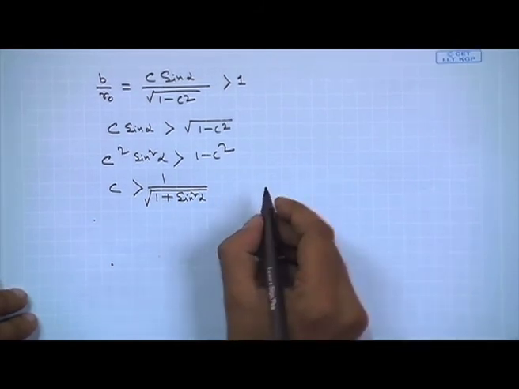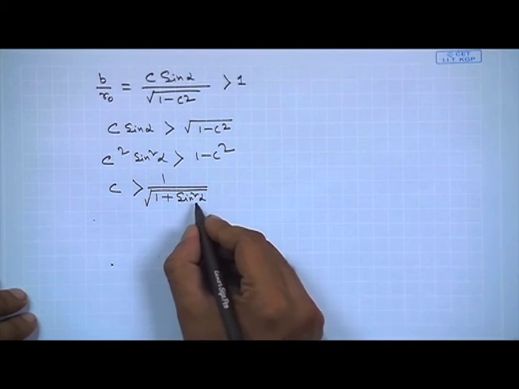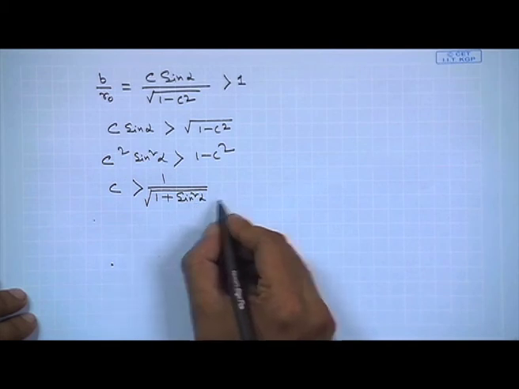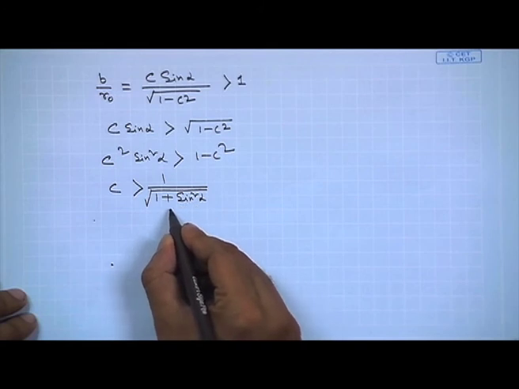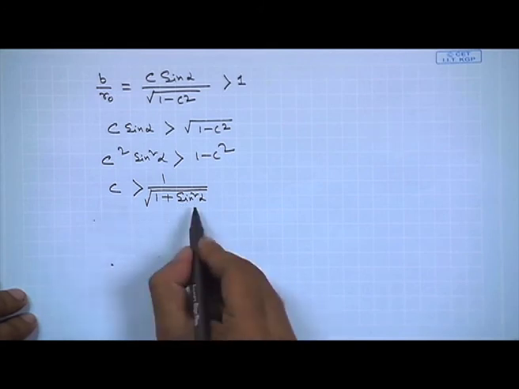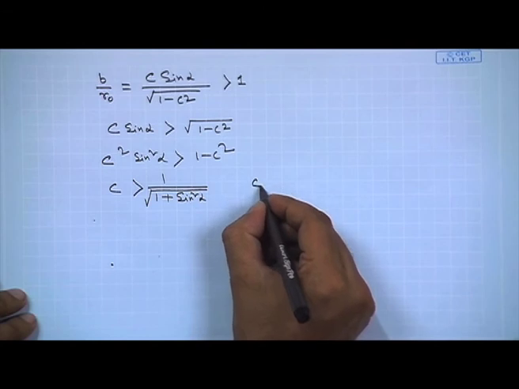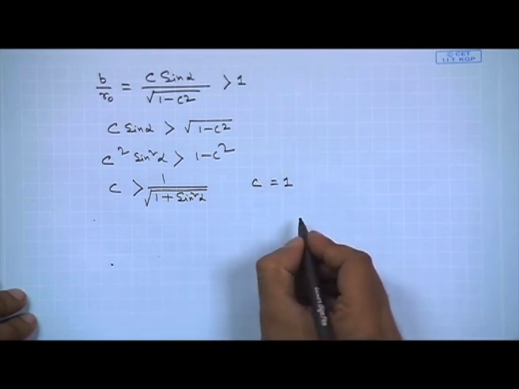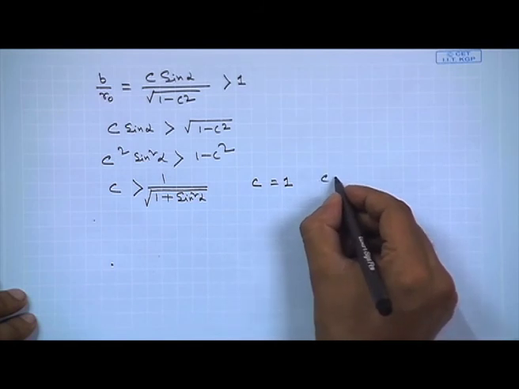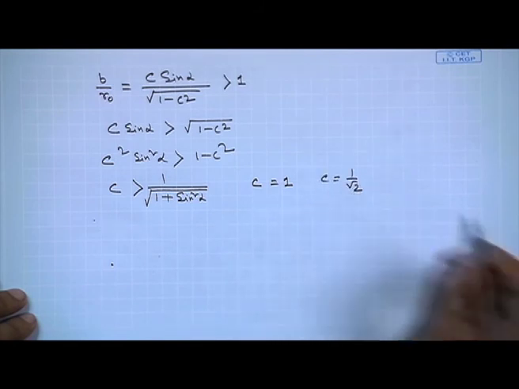So the range of sin square alpha is now between 0 and 1. Okay. So the highest c can be is 1, and the lowest c can be is 1 by root 2.